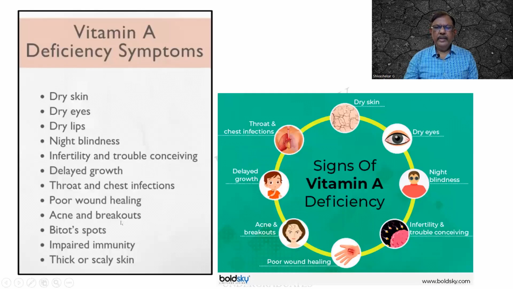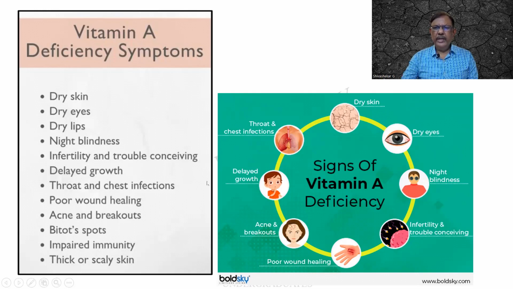And always the symptoms and signs. Symptom is something that the patient comes with. Sign is something that you as a doctor elicit. So what are the symptoms of vitamin A deficiency? There can be dry skin, dry eyes, dry lips, night blindness, infertility, delayed growth, throat and chest infections.